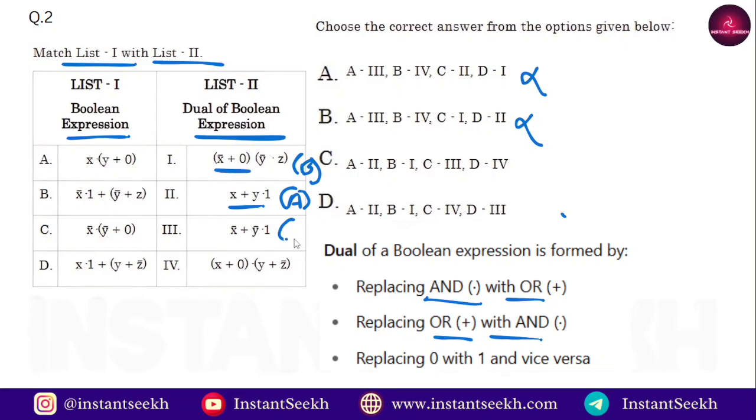That is your option number 3. And the last, D, goes for 4. So your correct pattern will be A goes for 2, B goes for first, C goes for third, and D goes for fourth. Your option C is the correct match for this particular question. Let's move on to the next.